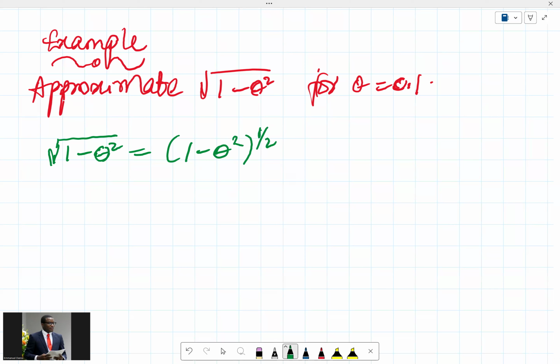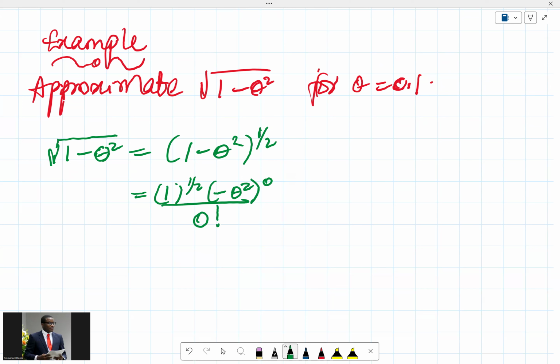So I will just go straight and do that. We know what we should do already, right? We take the first expression, the first number, we raise it to power half, and we take the second one, theta squared, we raise it to power zero. So half plus zero is always half. We divide that by 0 factorial.